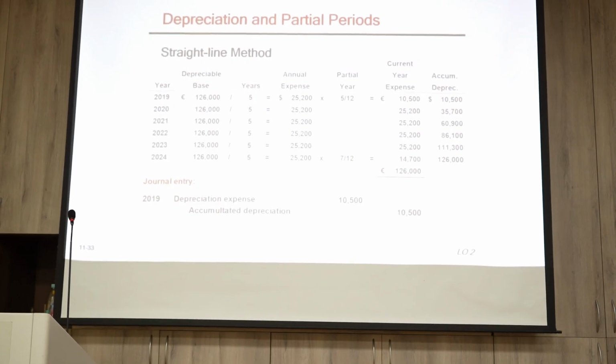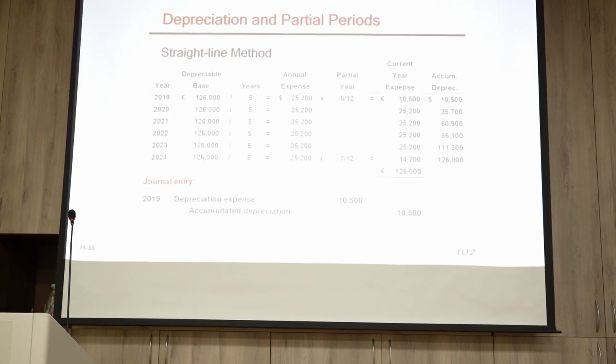The CA in the beginning would be 150. After the 5 months of depreciation, your CA will be 150 minus 10,500. And then each year you subtract the depreciation. At the end, after the depreciation is taken out, the CA will come to the residual value.